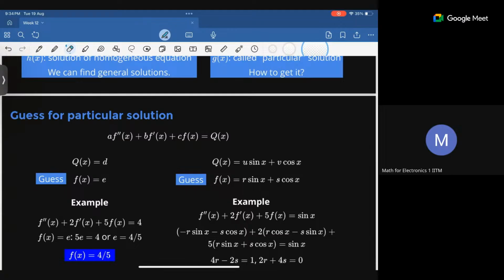But as far as the examination point of view, you should know how to solve the first order linear ODE. The standard general form, you should know how to solve it, and then the homogeneous case of second order, and then at least with constant coefficients, given q of x to be some constant or some combination of sinusoids.